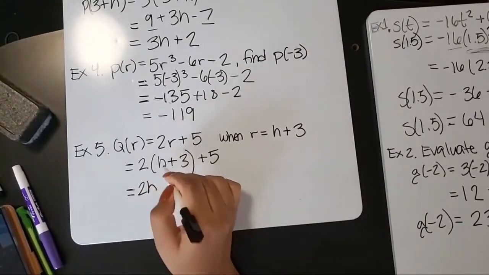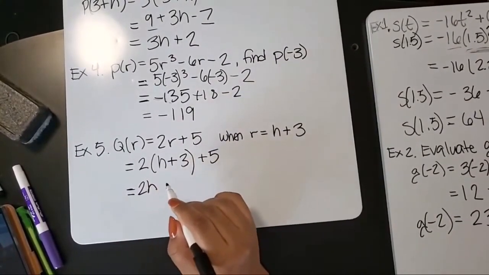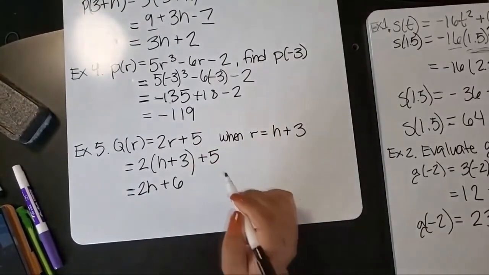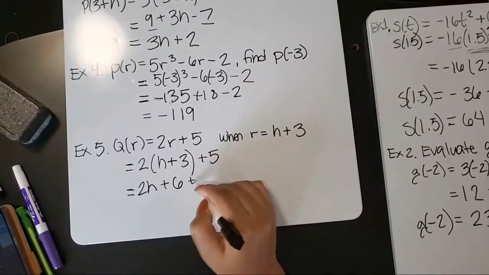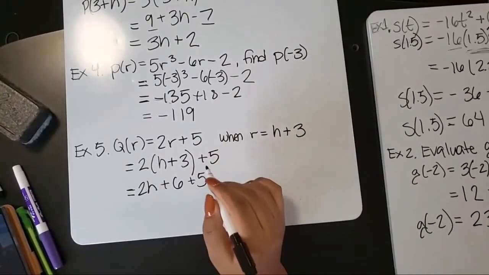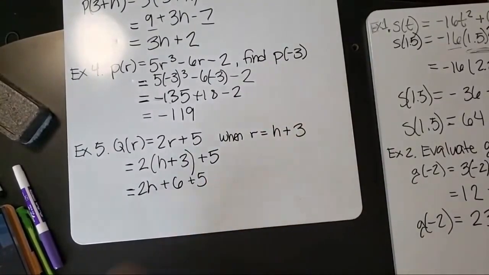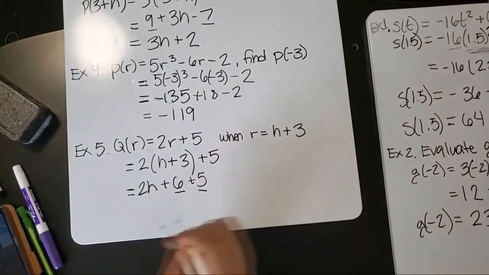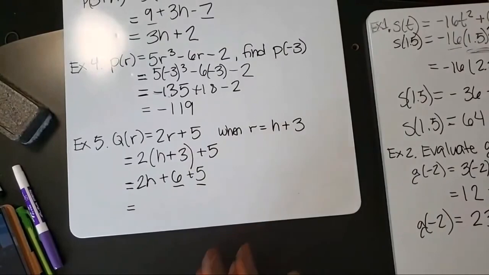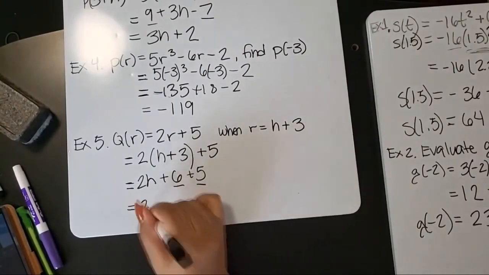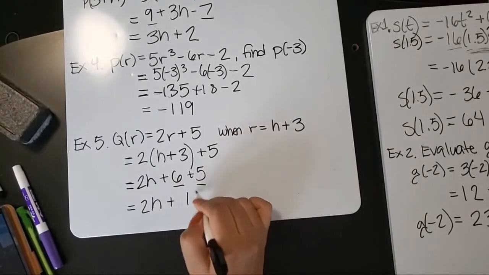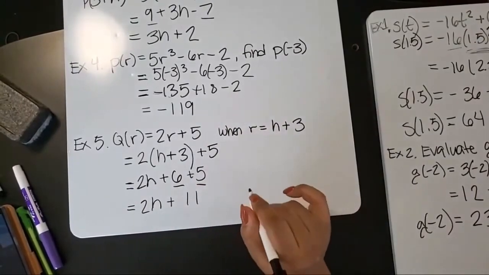So we've got 2 times H, which is 2H. We've got 2 times 3, which is plus 6. And we bring our plus 5 down. From here, we have to fully simplify, all right? We've got to combine like terms. So our final answer will be 2H plus 11, all right?